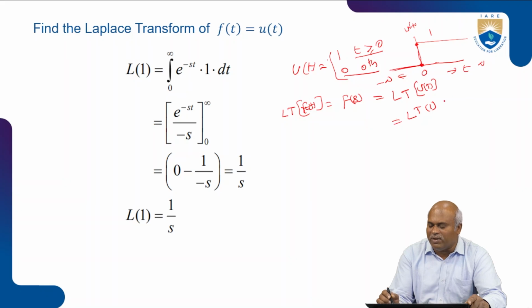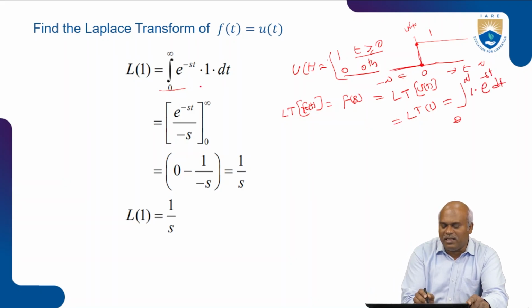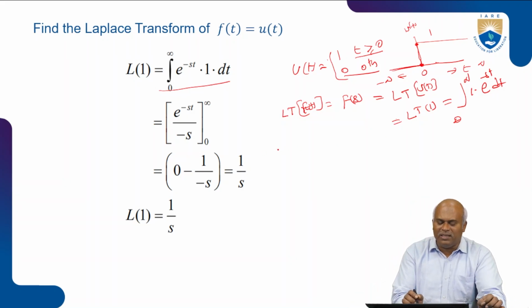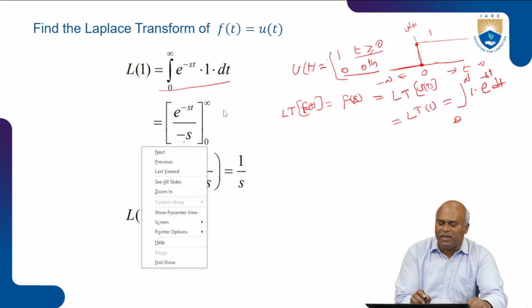The limit is from 0 to infinity of 1 into e power minus st dt. After doing the integration, we get e power minus st divided by minus s, with the lower limit 0 and upper limit infinity.